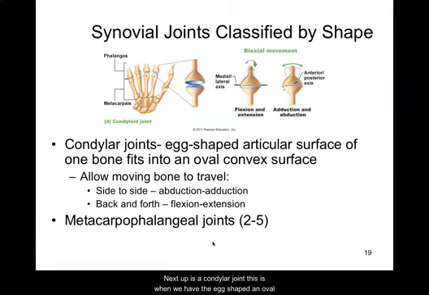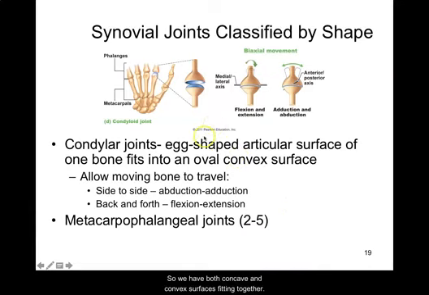Next up is a condylar joint. This is when we have the egg-shaped, kind of an oval-shaped articular surface of one bone fitting into an oval convex surface of another bone. So we have both concave and convex surfaces fitting together.